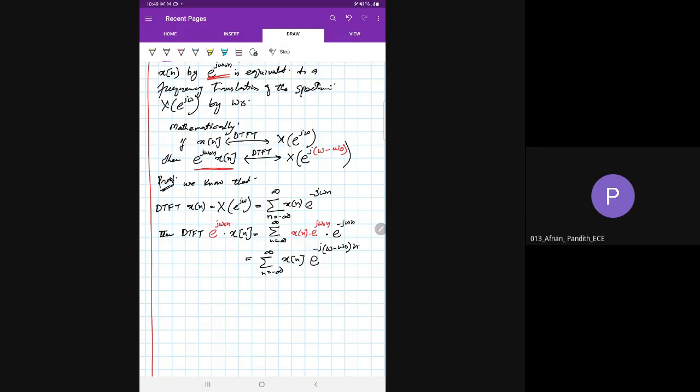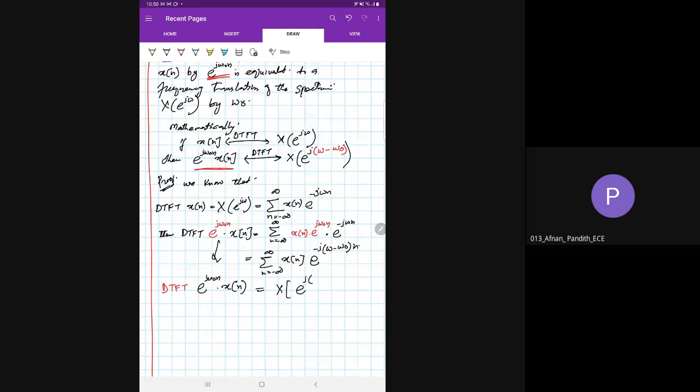Okay, fine. Then we can say that the discrete time Fourier transform of a signal which is e raised to the power j omega naught n into x of n, this is the signal, its discrete time Fourier transform will be X of e raised to the power j.